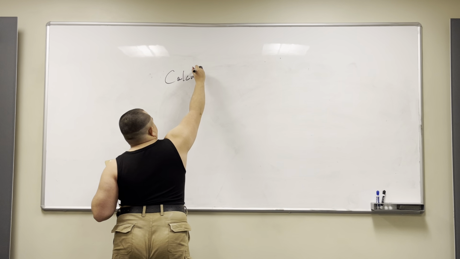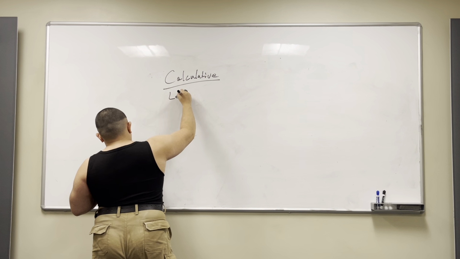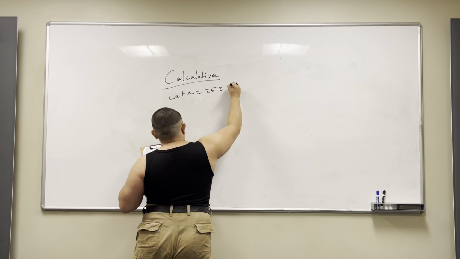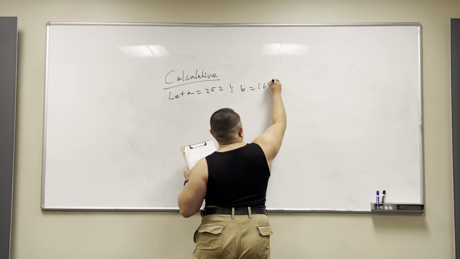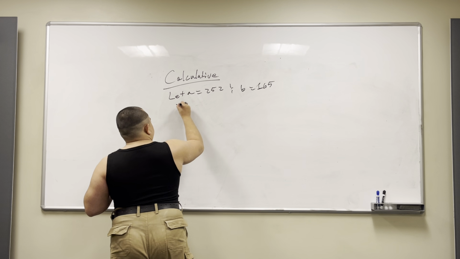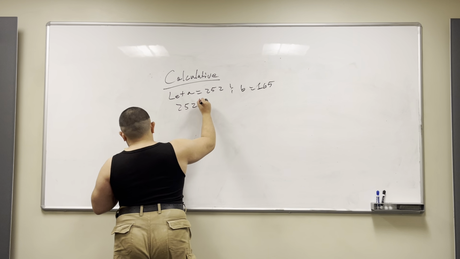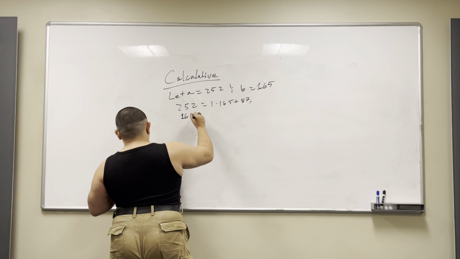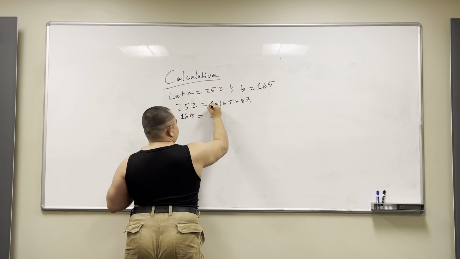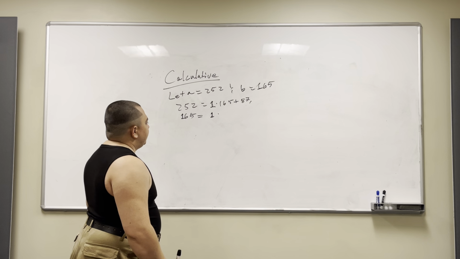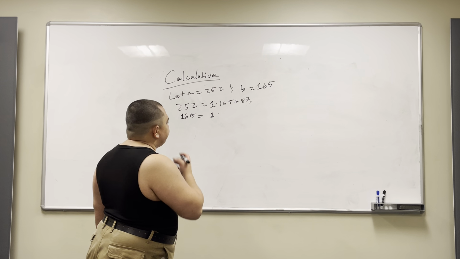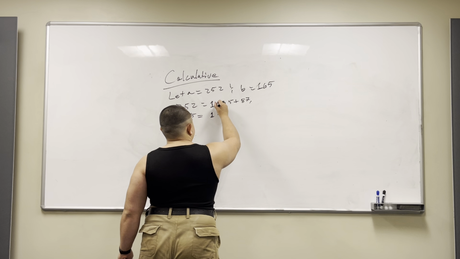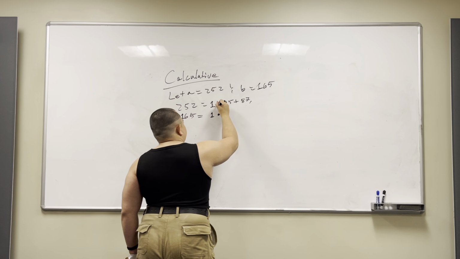Let's look at a calculation of the Euclidean algorithm. Let A equal 252 and B equal 165. Well, 252 is equal to 1 times 165 plus 87. It's a lot easier to do once you have the notes already in hand. It's a practice thing. I was doing this for a cryptography class, and it's a bit difficult to learn.